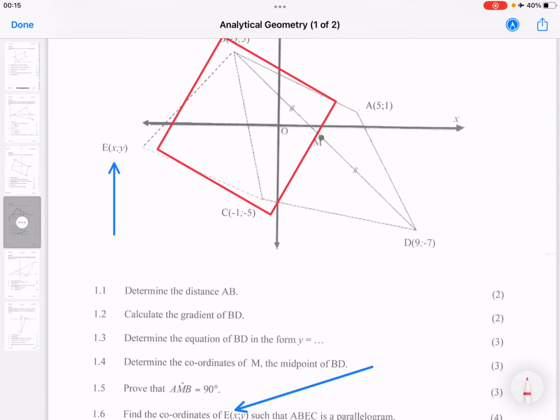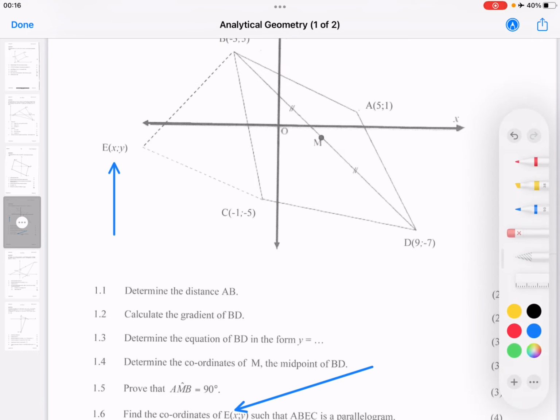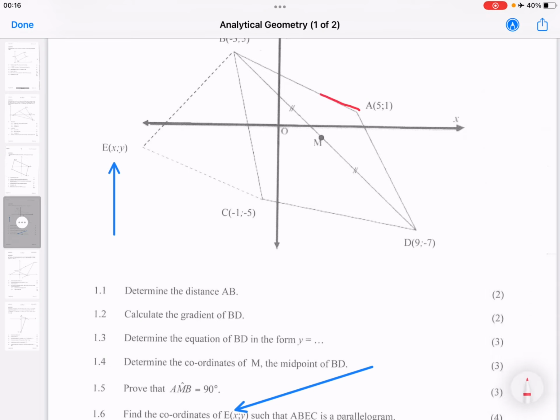No, it doesn't take the correct shape. I'll need to remove it, and then I'll manually draw that. So from A straight, and then from B straight, and then from there to there straight, from there to there straight.